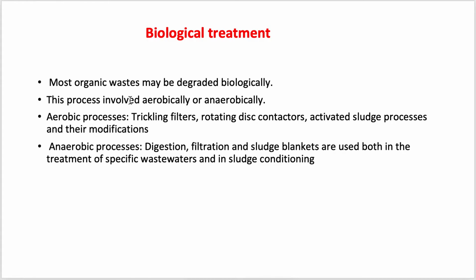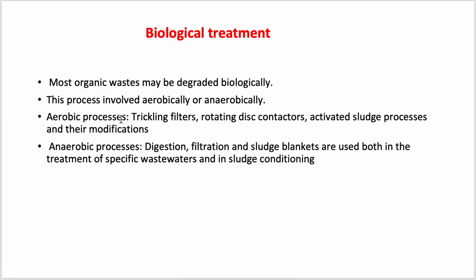We know that there are aerobic microorganisms and anaerobic microorganisms. If we want to use aerobic microorganisms to degrade the organic waste, we need to do the process aerobically. And if we use anaerobic microorganisms to degrade the organic waste, then we have to do the process anaerobically. There are different methods to do the aerobic and anaerobic processes.